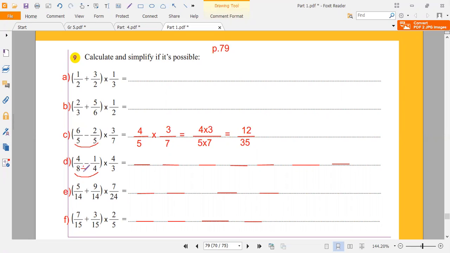So we should divide by 2 only to get the same denominator. We simplify the numerator and the denominator by the same number, which is 2. So we get 4 divided by 2, 2. 8 divided by 2, 4, minus 1/4, and these two fractions are between parentheses.